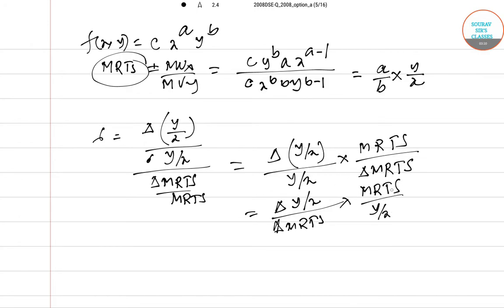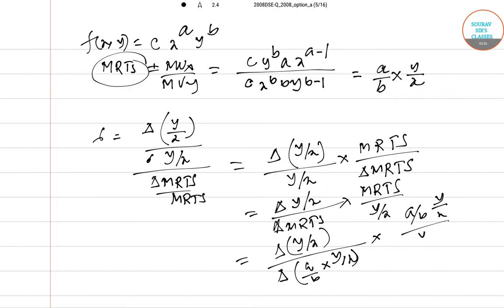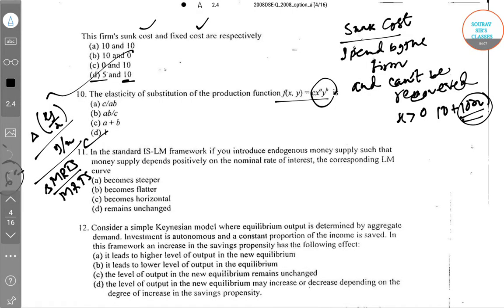Now we have already calculated this part, so we can put the value of that over here, d of a by b times y by x. Here it's directly a by b y by x. This part is constant, so it's essentially 1. So remember that whenever you face a Cobb-Douglas production function, the elasticity of substitution is always equal to 1. So the correct answer is 1.